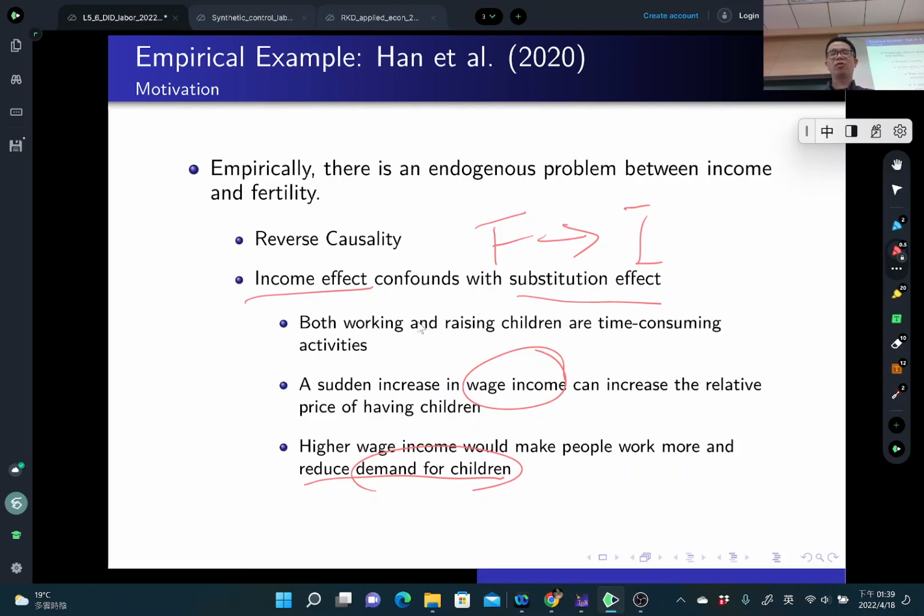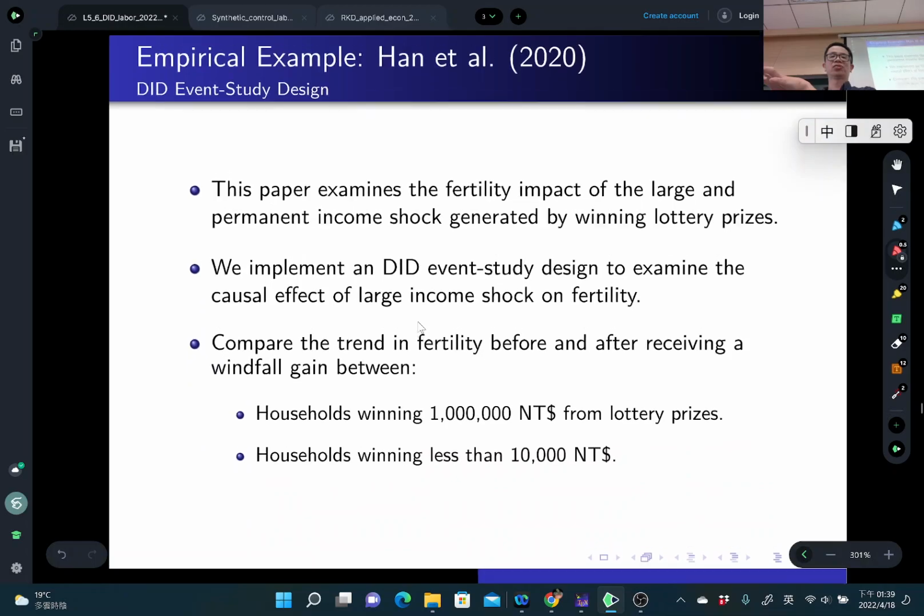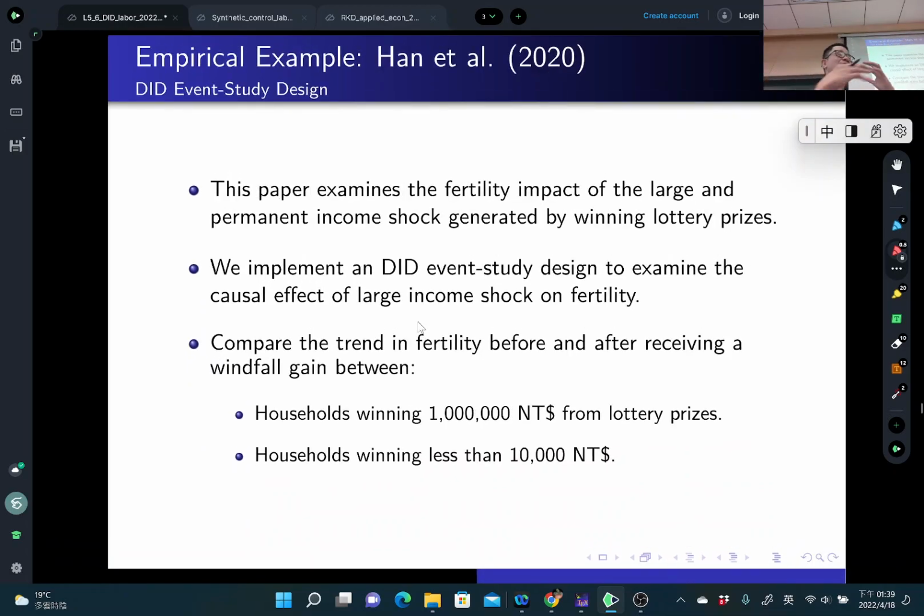Okay, so ideally you need to find an income effect which is unrelated to your working, some income change due to exogenous variation. So in this paper we look at the impact of a large and permanent income shock induced by winning a lottery prize.